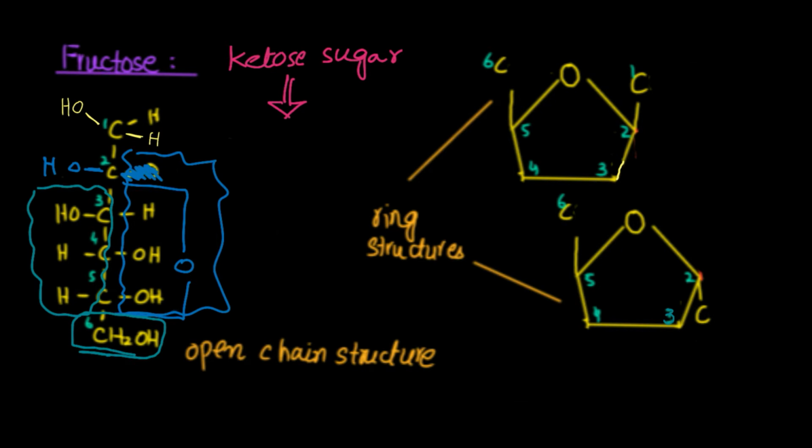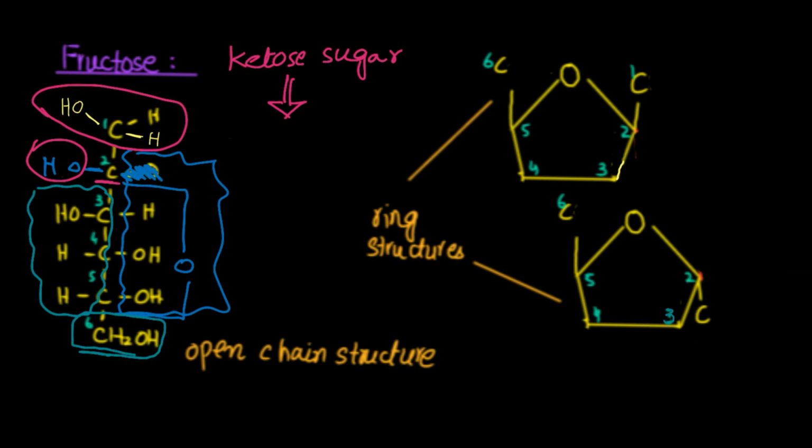However, with the second carbon, the functional group carbon, we have this group attached, and we have an OH group. Now according to the rules, the OH group should be above, right? But there's an exception here.